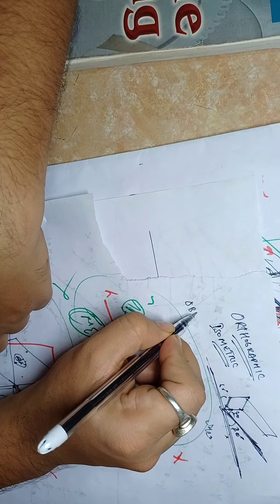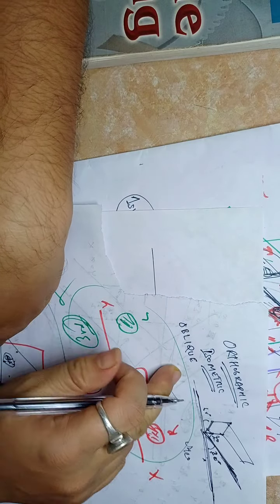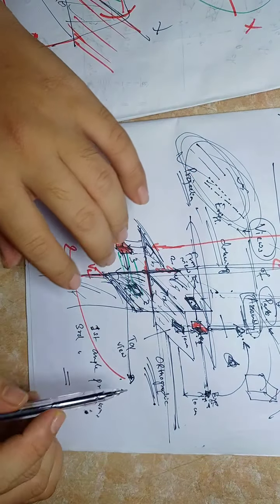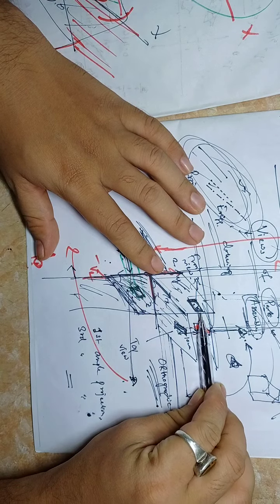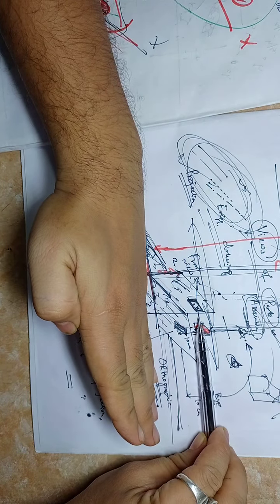Then we have oblique view. Oblique is something when, here, this was the previous diagram I was showing. When you are not exactly looking parallel to the plane, you have come away.